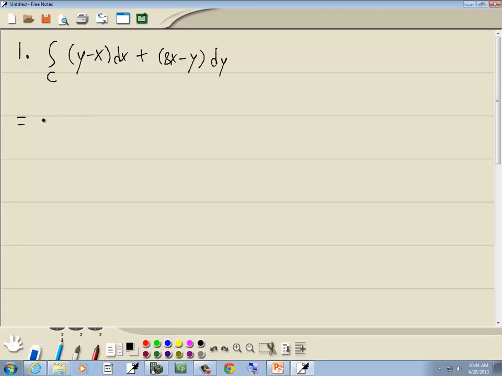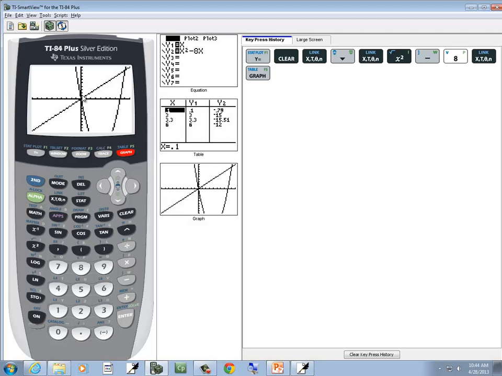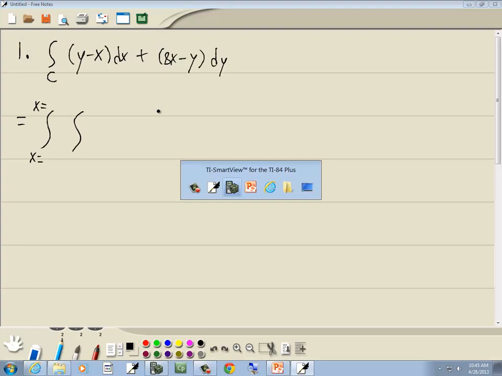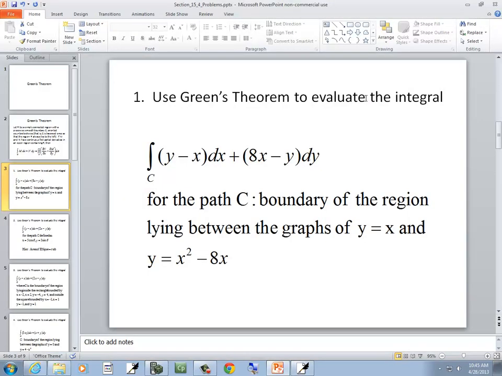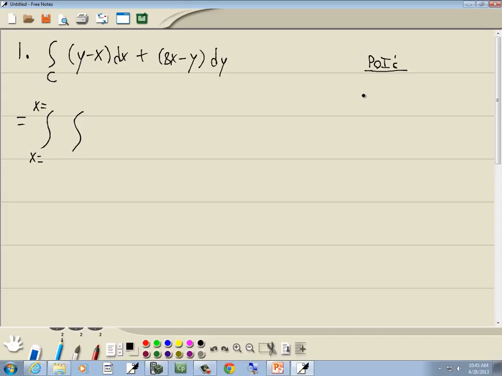We want to switch this over, and this will be our x equals, and this will be our x equals. In order to find out what the x values are, I have to find the intersection of these graphs. So to find our points of intersection, our POIs, we're going to set the x squared minus 8x equal to x. Why do I do that?